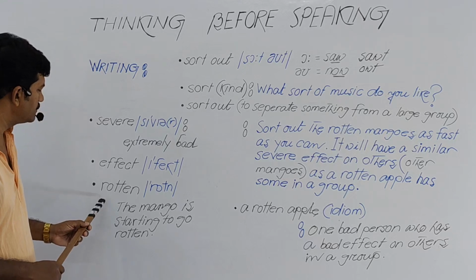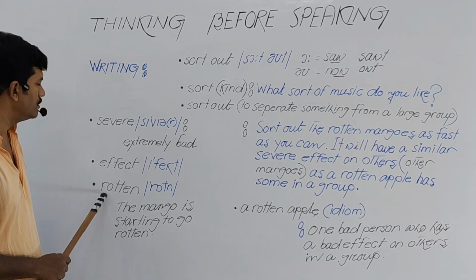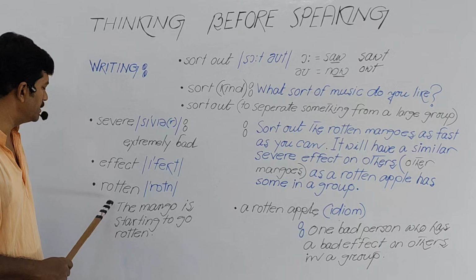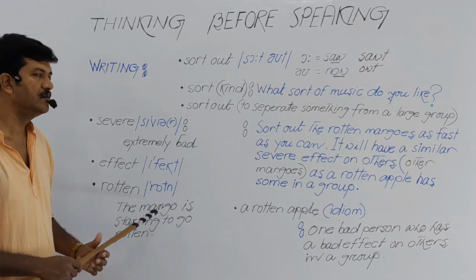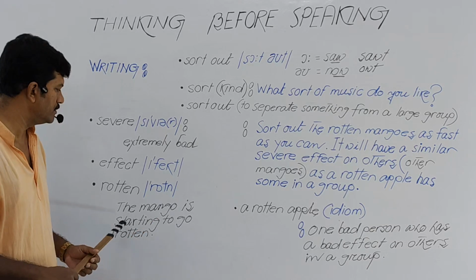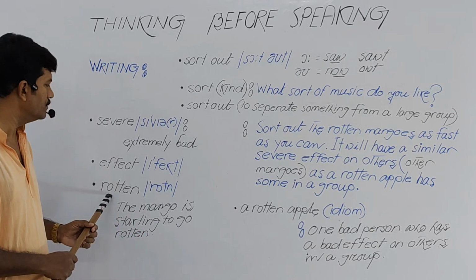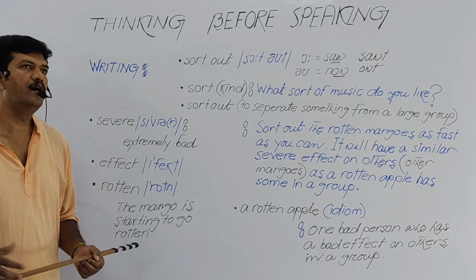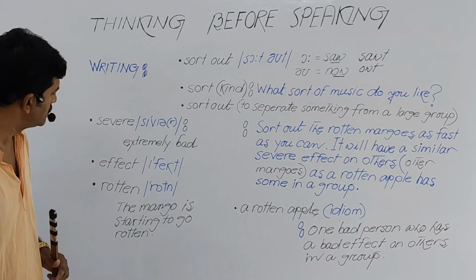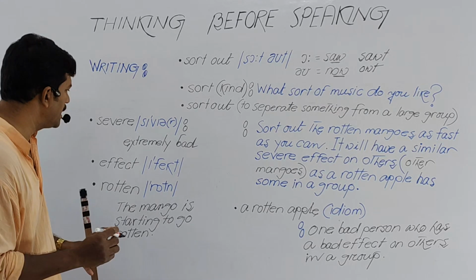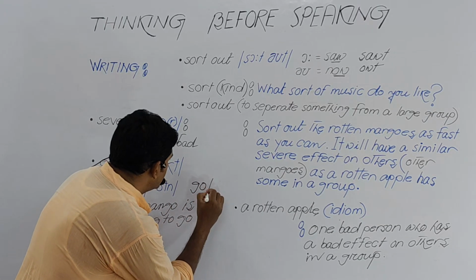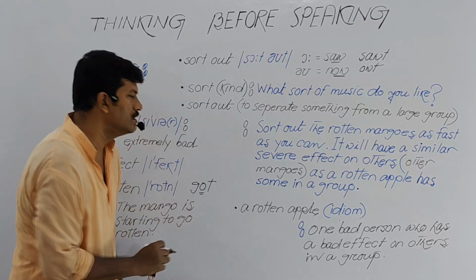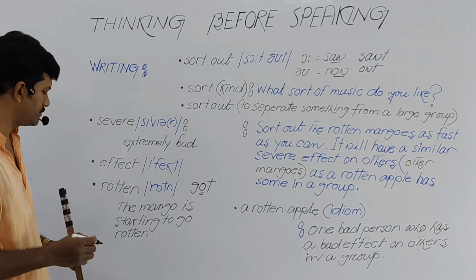And the third word to deal with, that runs with its spelling, rotten. Here O produces a sound like O that we can have in a word like got.